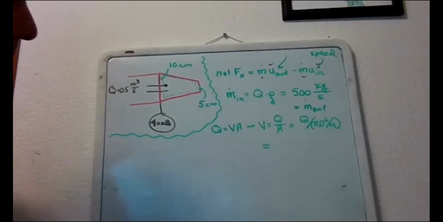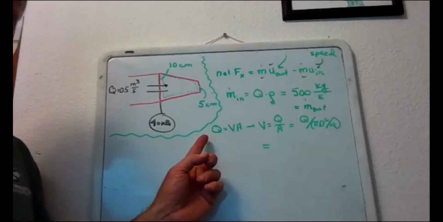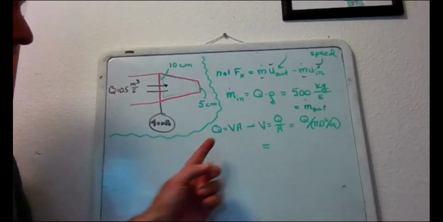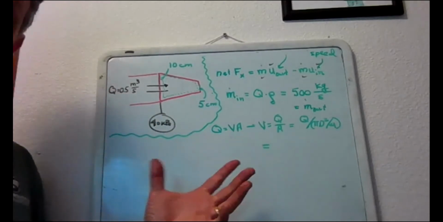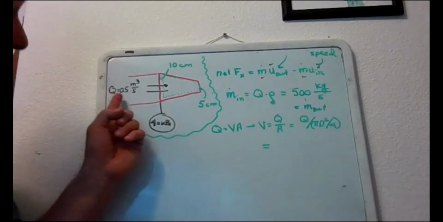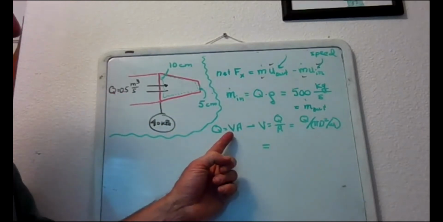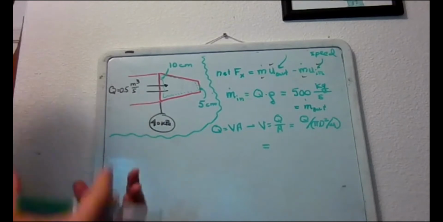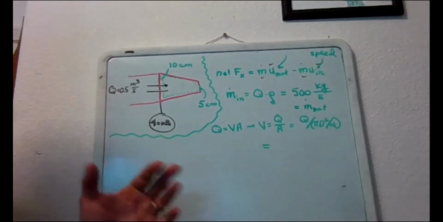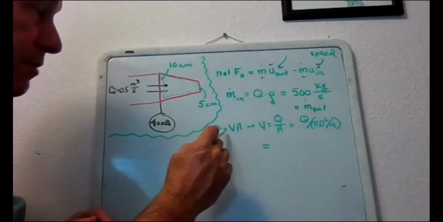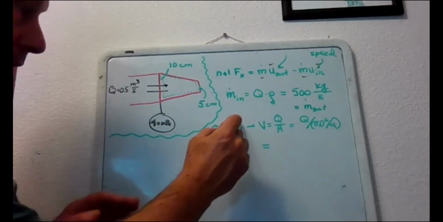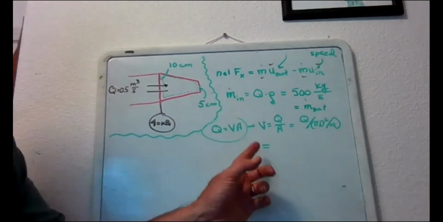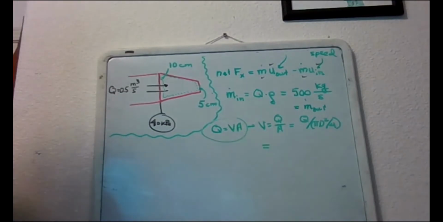Another one of our basic equations is that volumetric flow rate, which we have, is equal to V times A. So once again, if you wrote this symbolically and you know you're looking for speed, hopefully your mind would be thinking, hey, I got volumetric flow rate. What is an equation that has both volumetric flow rate and speed in it? And that's that equation right there. Solve it for speed. It's volumetric flow rate divided by area.